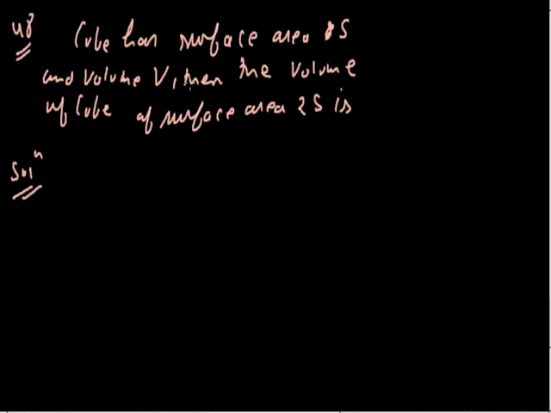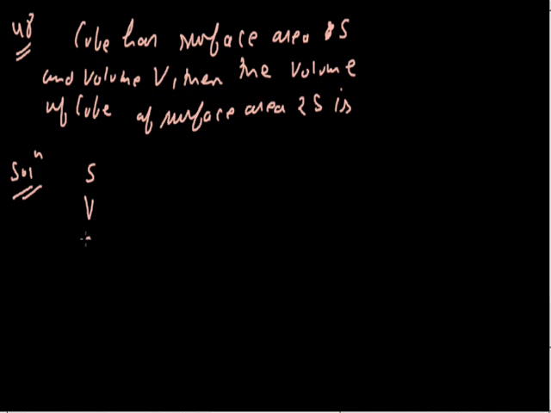It is given in this question that the cube has a surface area S and the volume is V. Now we have to find the volume of the cube whose surface area is 2S, that is twice the previous one. Initially the surface area is S and the volume is V.